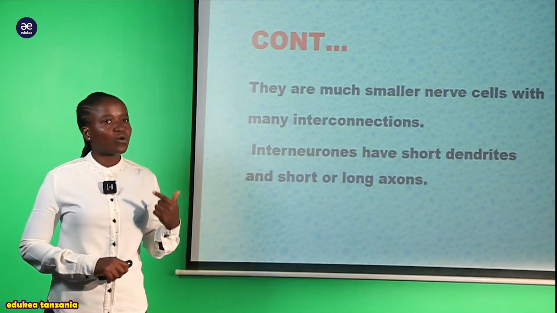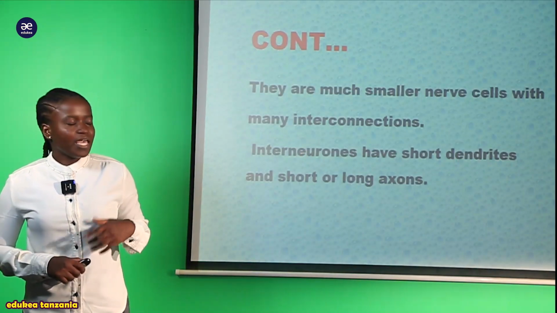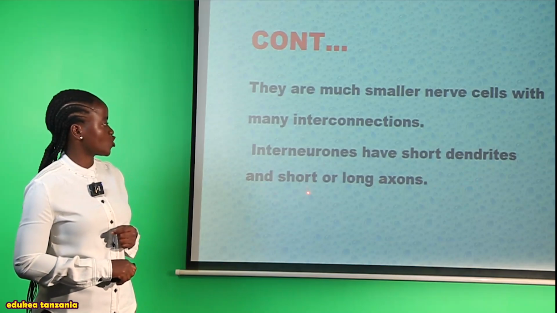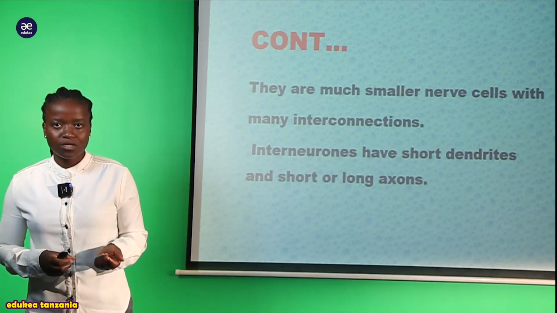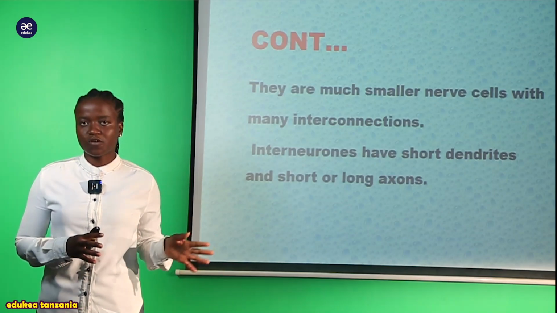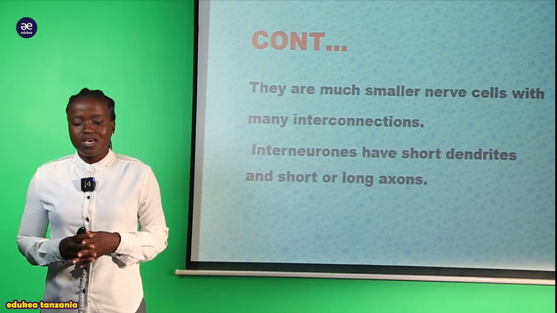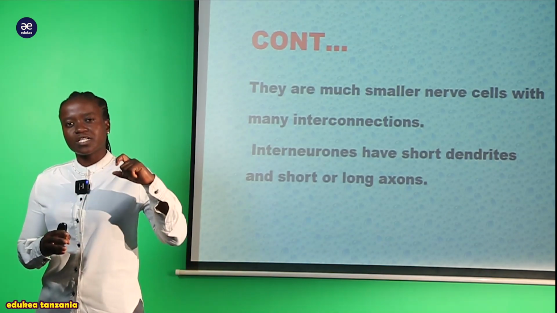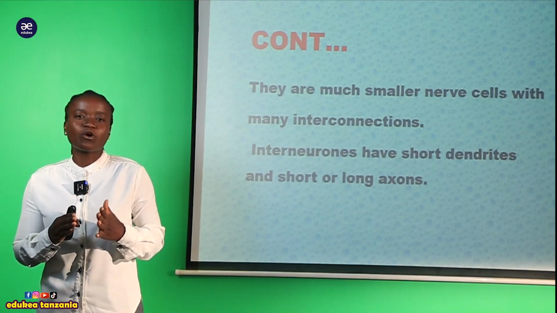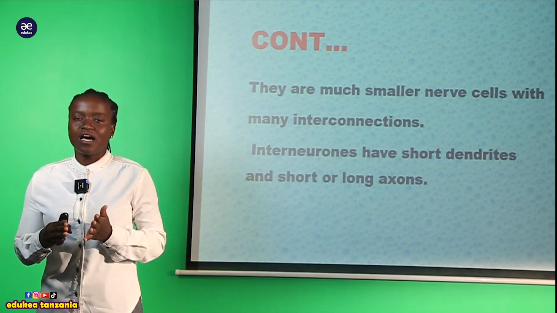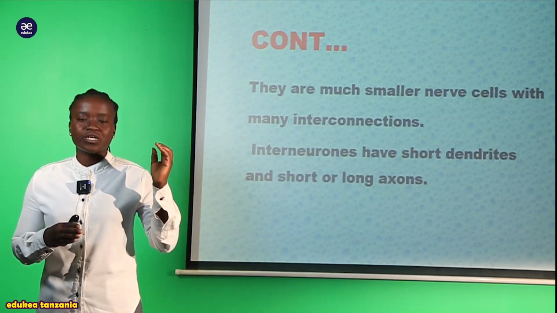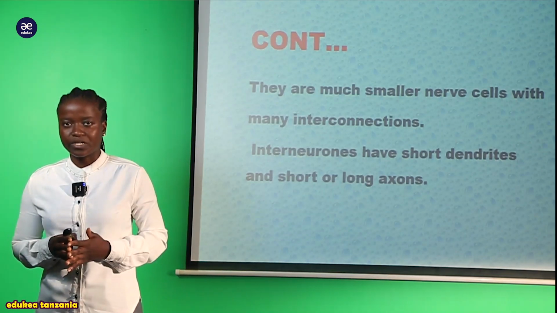And we say that interneurons have short dendrites and a short or long axon. As we have already seen in the previous structure of the intermediate neuron, it has a short axon, shorter compared to the rest of the types of neuron within the structure and function of the neuron.